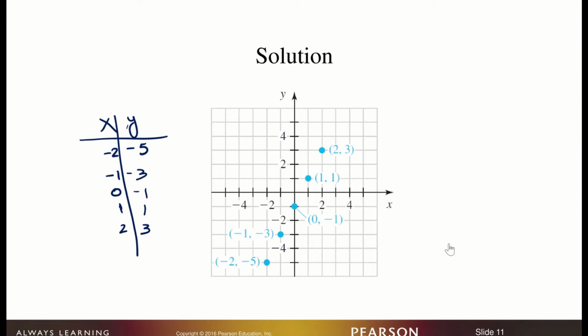All equations that can be put into either of these two forms, y equals mx plus b or ax plus by equals c, are going to be represented using a straight line when you graph them. In other words, when you plot all their solutions, they will line up perfectly.